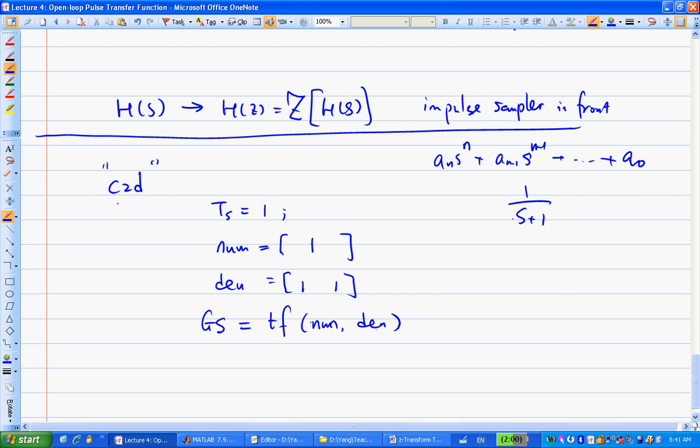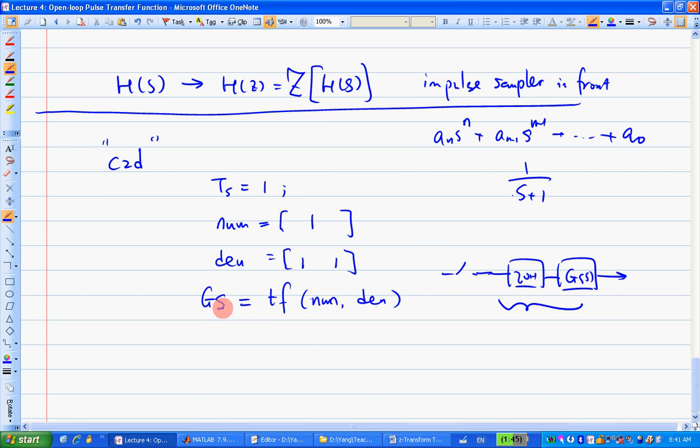Now remember the purpose of this. Here is a zero order hold, and here is G of s. The purpose is to obtain the Z transform of this multiplied by this. I haven't specified anything about this zero order hold yet.